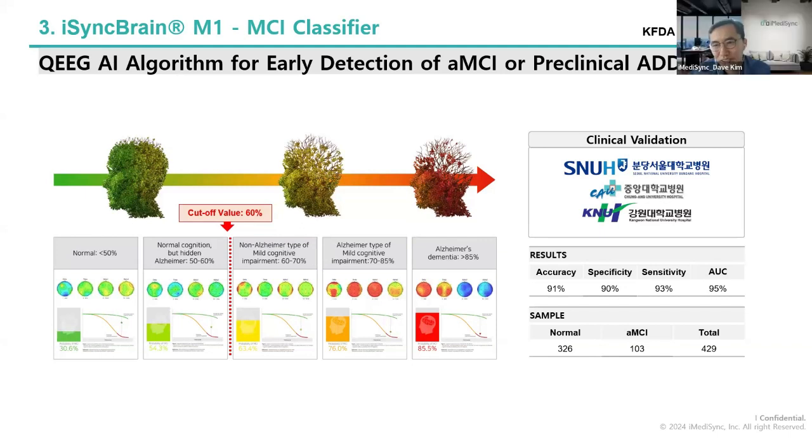Right. Not only using this MCI biomarker, we can also take advantage of the QEEG map and combine these two. Then we can explain better about the patient. That's my suggestion at this moment. That's why I add one typical example of MCI and depression in the fourth part of today's presentation.